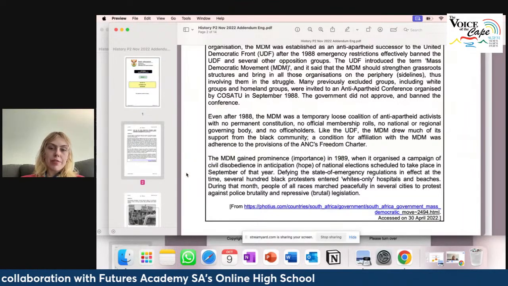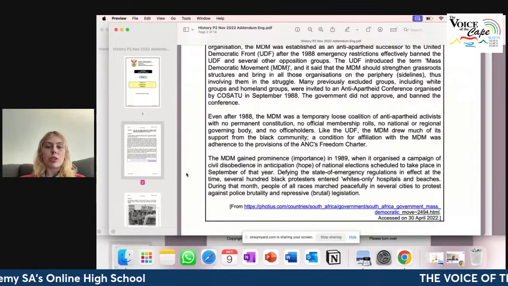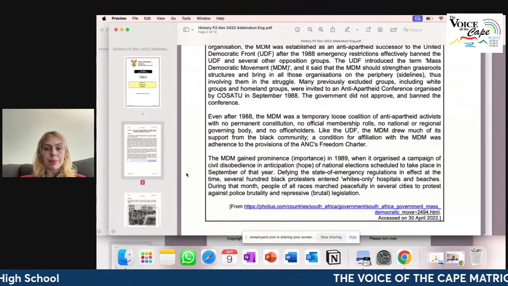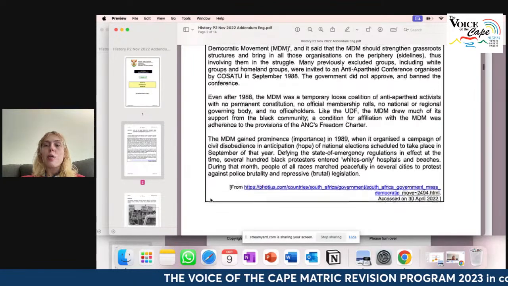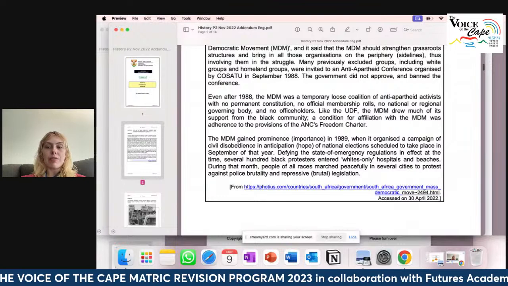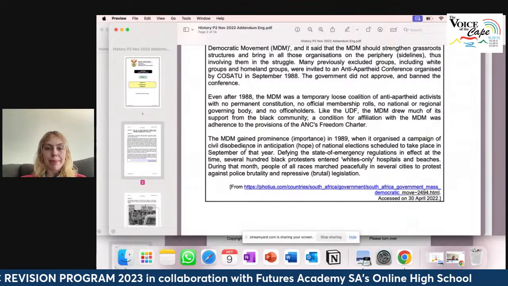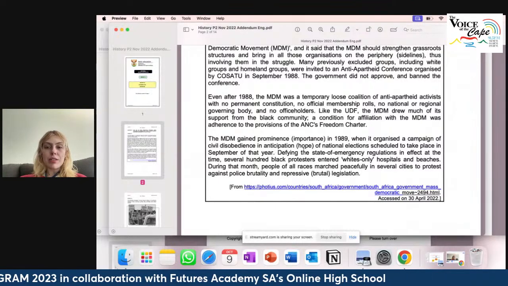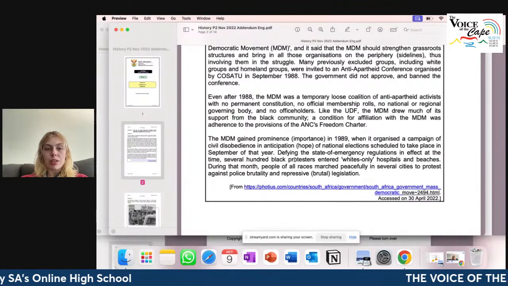A condition for affiliation with the Mass Democratic Movement was adherence to the provisions of the ANC's Freedom Charter. The MDN gained importance in 1989 when it organized a campaign of civil disobedience in anticipation of national elections scheduled to take place in September of that year. Defying the state of emergency regulations in effect at the time, several hundred Black protesters entered whites-only hospitals and beaches.